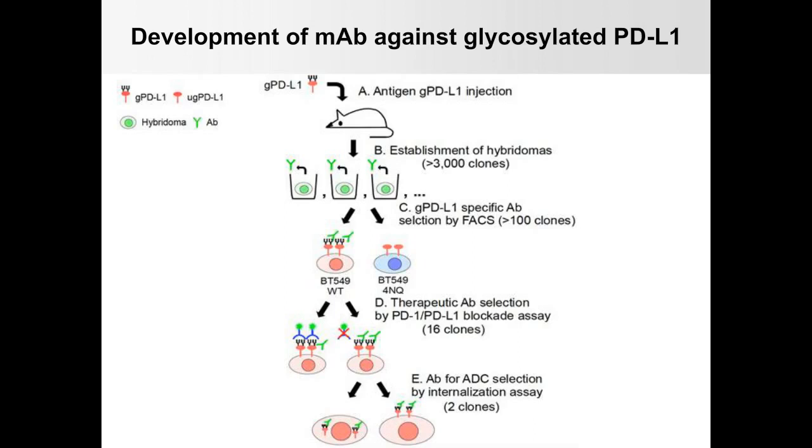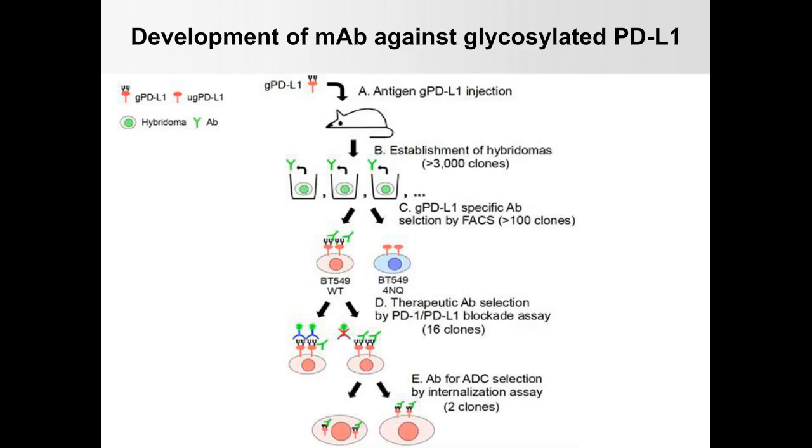So in this regard, what we did is we inoculated glycosylated PD-L1 as an antigen into mice, and then we created 3,000 hybridoma clones. Next, we used flow cytometry to screen those 3,000 clones, trying to look for antibodies that can specifically recognize glycosylated PD-L1, but not non-glycosylated PD-L1.